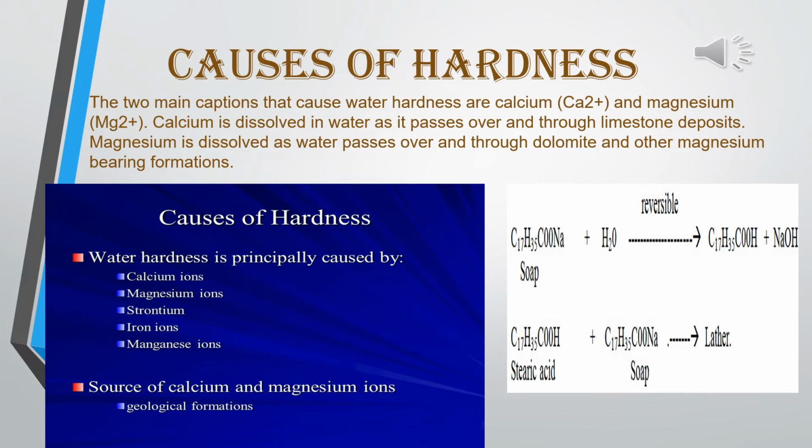That is called hardness. So ordinary soaps are sodium and potassium salts of high molecular weight fatty acids like stearic acid, palmitic acid, etc. These salts are soluble in water and they form lather with water.